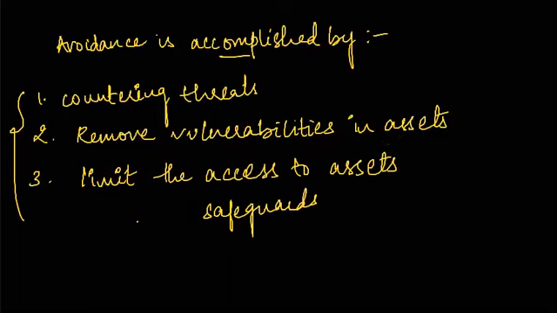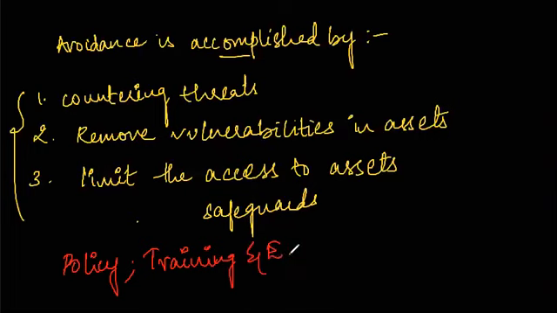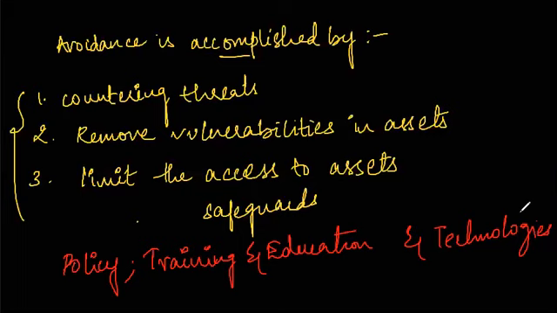Within this, the most common method of avoiding, the areas of control, can be implemented either by implementing a policy, providing training and education on those policies, and making use of different technology. So these are the three ways in which you can avoid.